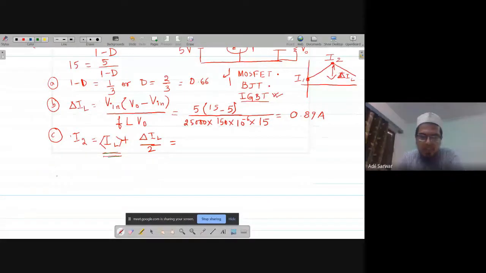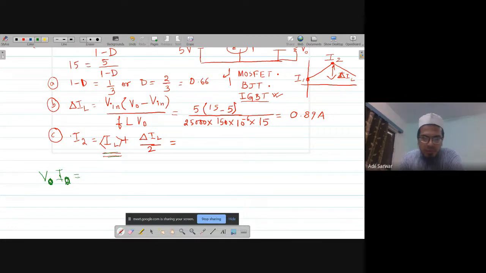The input current is equal to... if I am assuming that the boost converter is ideal, there is no loss, then VO and IO, the average output voltage and average output current, the product of the two is basically the output power.